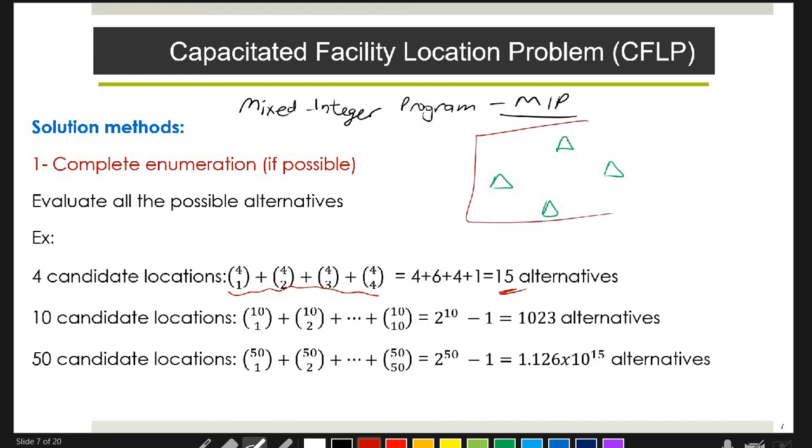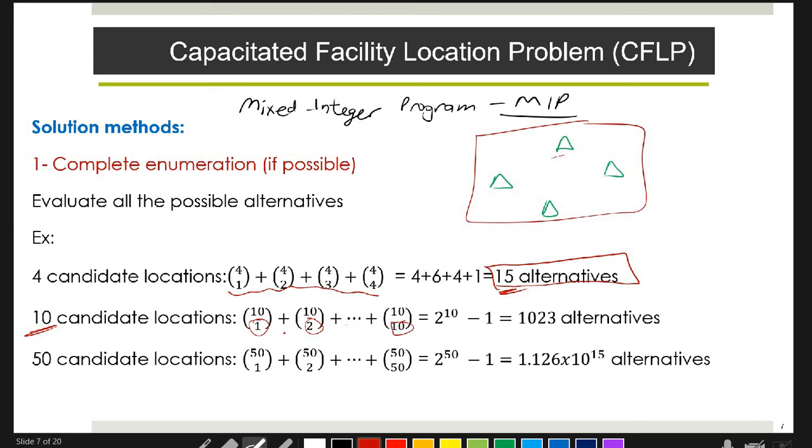So for a problem in which you have 4 alternative locations, the number of solutions that you will evaluate is 15. And this can be done even by hand. But let's assume that instead of 4 candidate locations for the new facilities, there are 10 candidate locations. And you can select only one of them to establish, 2 of them, 3 of them, 5 of them, up to 10 of them.